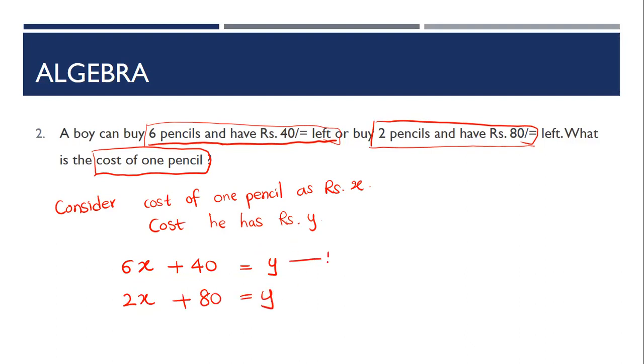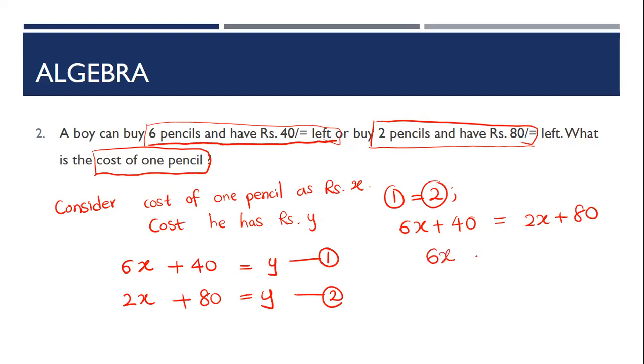So we consider equation 1 and equation 2, and then we can equate them. The left side 6x plus 40 is equal to 2x plus 80. So here I am taking x into the left side, 6x minus 2x is equal to the constant into the right side, 80 minus 40.